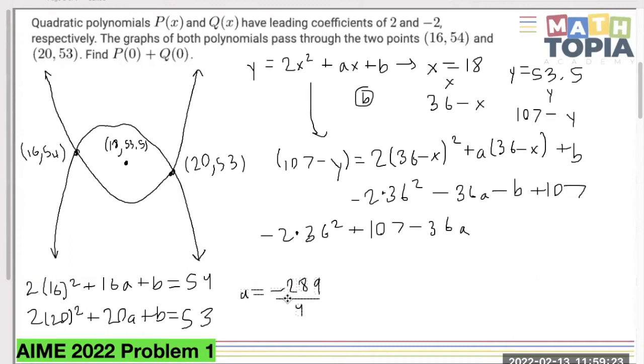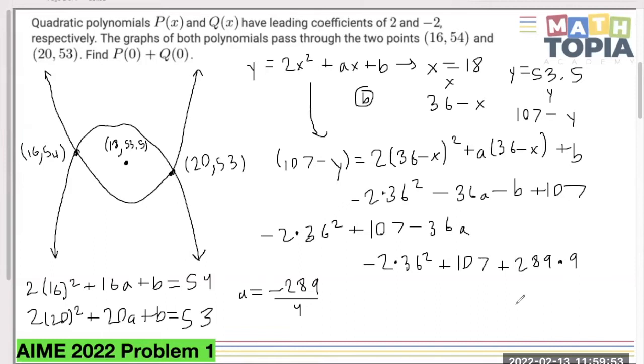So I'll move that over a little bit. And then from here, we can just solve the problem, because we know the answer would just be this. And then minus 36a, well, the minuses from here and here would cancel out, right? So we just end up with 289 over 4 times 36, and the 36 over 4 is just 9. So we're just adding on 289 times 9.